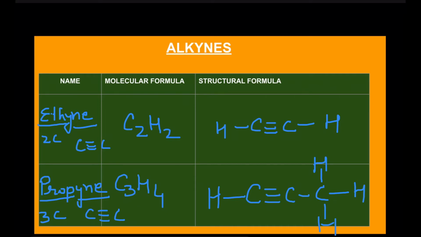Try to write the structural formula of the next 2 homologues, that is butyne and pentyne. Keep it in your mind that you are going to keep the triple bond at the end of the chain only.